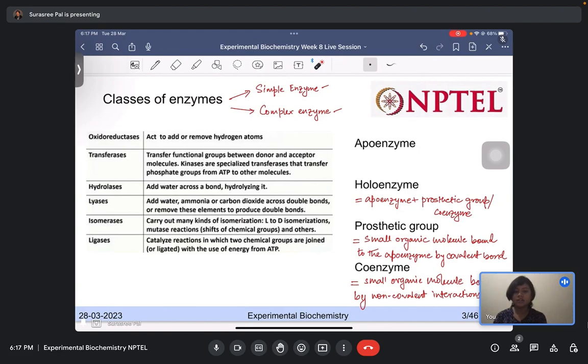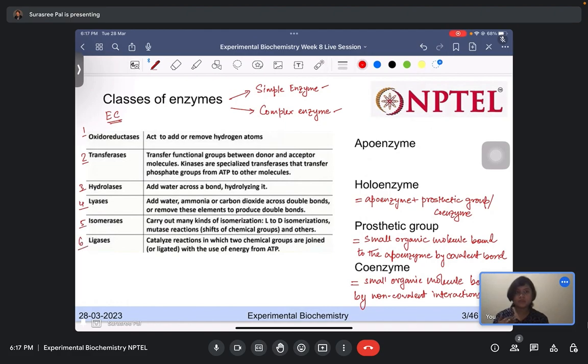Now let's talk about the classes of enzymes. There are several classes of enzymes and they are denoted as EC, enzyme class. Now this is EC 1, 2, 3, 4, 5 and 6.